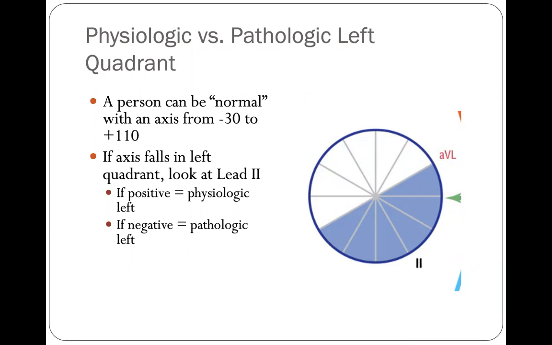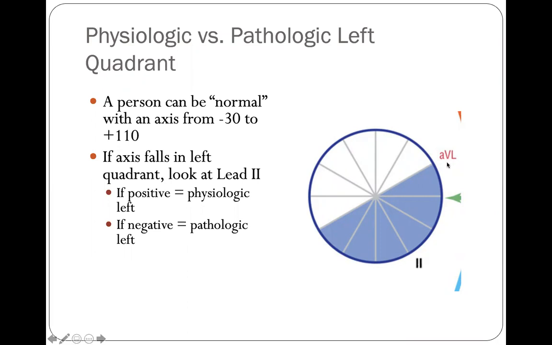So we actually will split the left quadrant into what we refer to as physiologic or pathologic. And the line that splits that is the -30 line. So if we have an electrical axis that is between 0 and -30, then we would say they have a physiologic left axis deviation, which is another way of saying a normal left axis deviation.